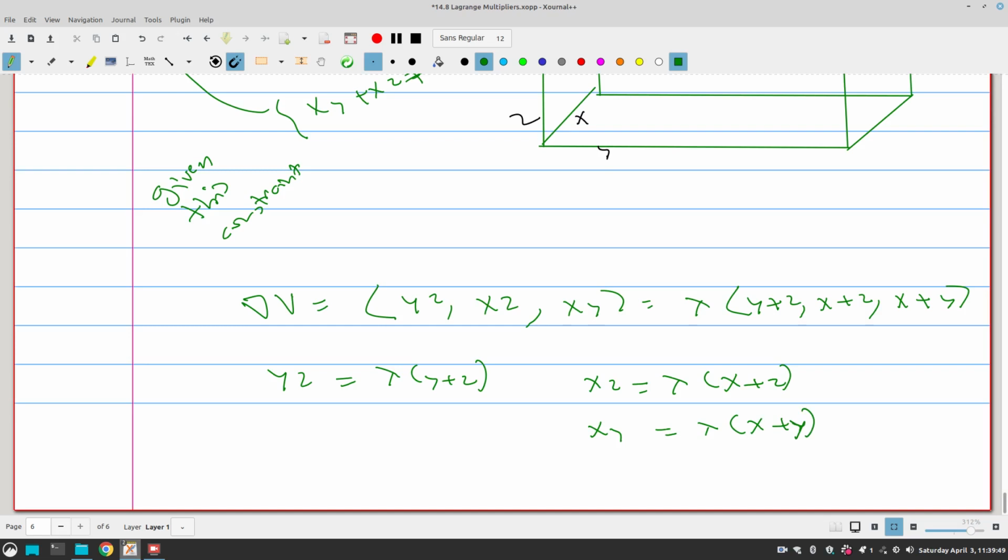These are three simultaneous equations that we have to deal with, and we have the constraint equation, which is xy plus yz plus xz equals 6, not 12, 6. So these are the four equations that we have to solve, for x, y, z, and lambda.